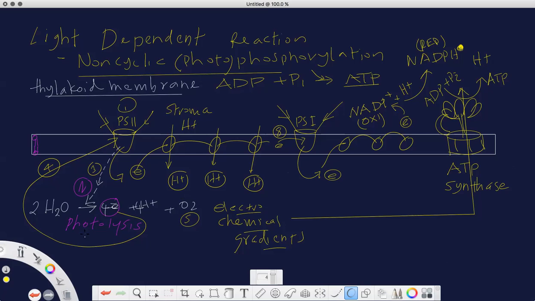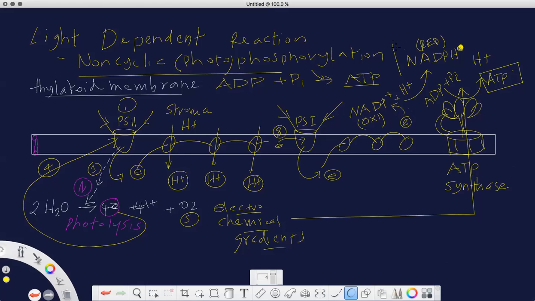Right, now just to wind up the light dependent reaction, what are the products of the light dependent reaction? There are three products. One is an ATP molecule. Let's say I make a box. One is an ATP molecule.